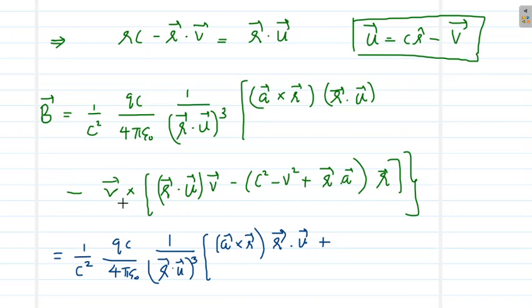Now in the second term, we have v bar cross v bar in the first term. r bar dot u bar is like a scalar term. So we will have to take v bar cross v bar, which is simply 0. Now here we have minus of minus, which is plus v bar cross r bar into the terms inside the bracket, which is c square minus v square plus r bar dot a bar.